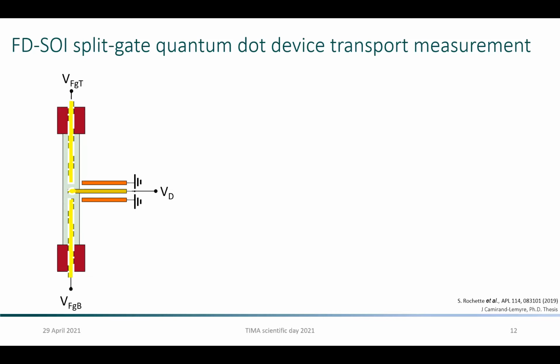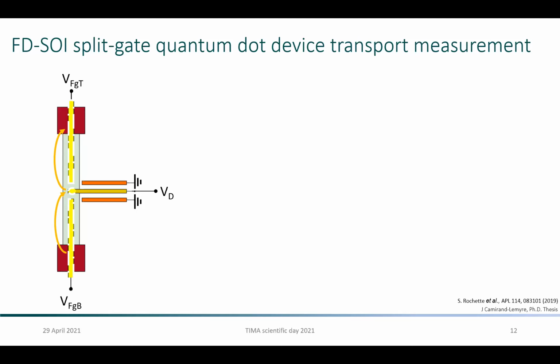Then an electron from the source can tunnel through the quantum dot to the drain. The movement of this electron contributes to the current induced in the device, which we measured. We measured the current in the channel. While keeping the side gates grounded, we apply the appropriate voltages on the rest of the gates, and transport is induced in the channel.